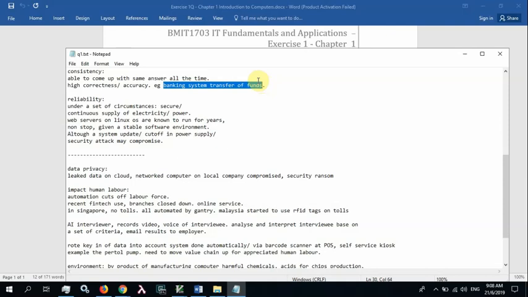So database systems have this very important feature called ACID.